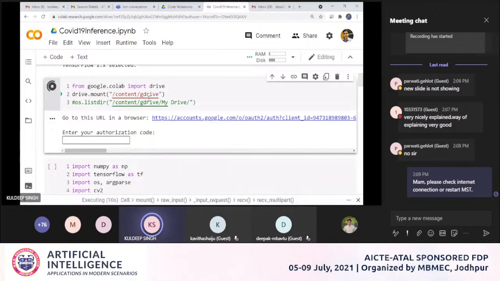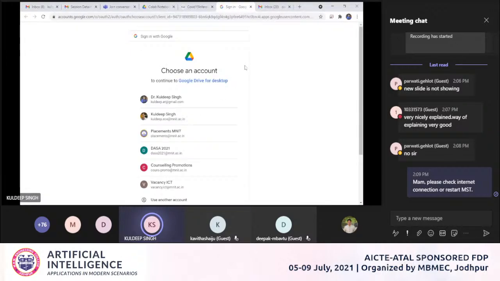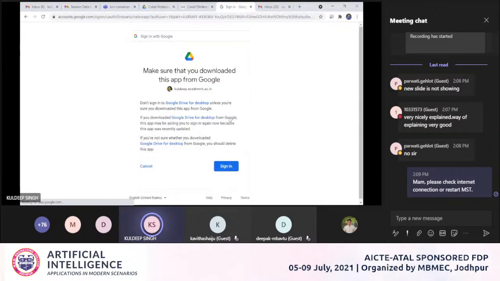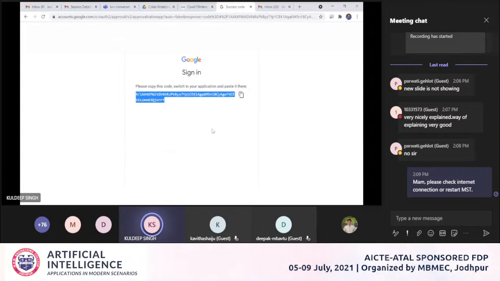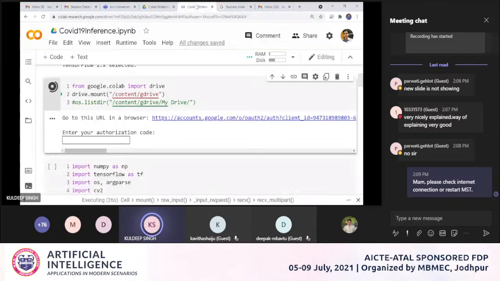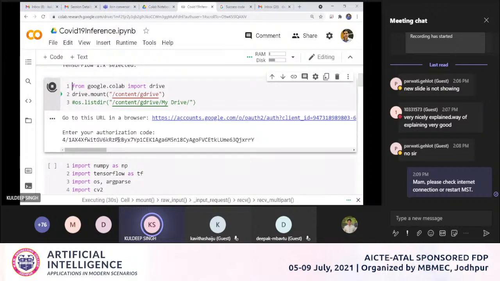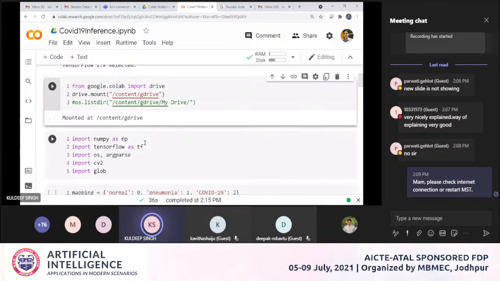While mounting this drive, it asks you for the authentication code, and it has given you the link for the authentication code. You have to basically log in from your Google ID, copy this authorization code and put it here. So once you have put this authorization code, it will mount the drive. So it is mounted at this particular path.